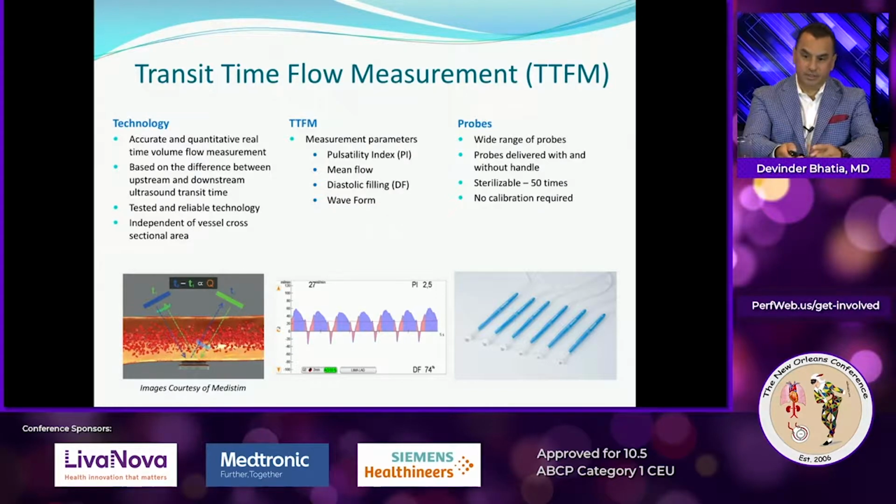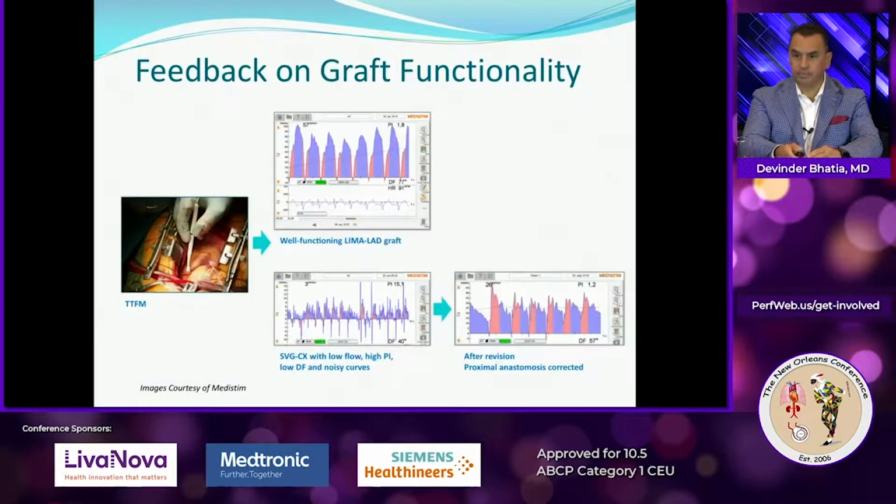Now, there's some interesting things on that one we can talk about in a bit, but on the right-hand side of the slide, you see the various probe sizes, which go anywhere from 2 millimeters, I think, up to 10 or maybe even 12, because this is a usable technology in even the peripheral vascular and carotid circulation. Oh, yeah. So you get feedback on graft functionality immediately, which I think is the most important thing.